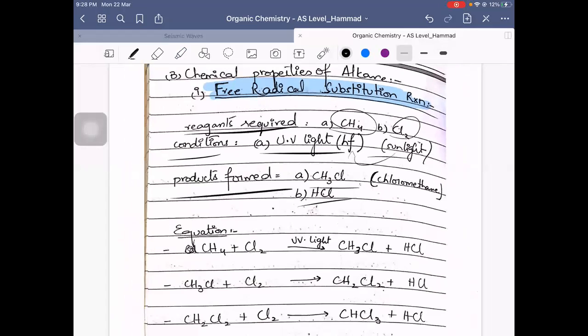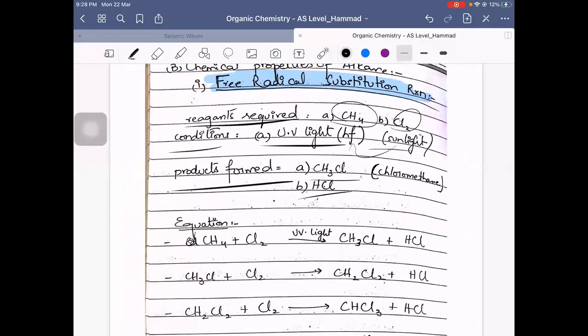What really happens is CH4, when attacked by chlorine, the UV light initially breaks the chlorine molecule into free radicals, which are more reactive.